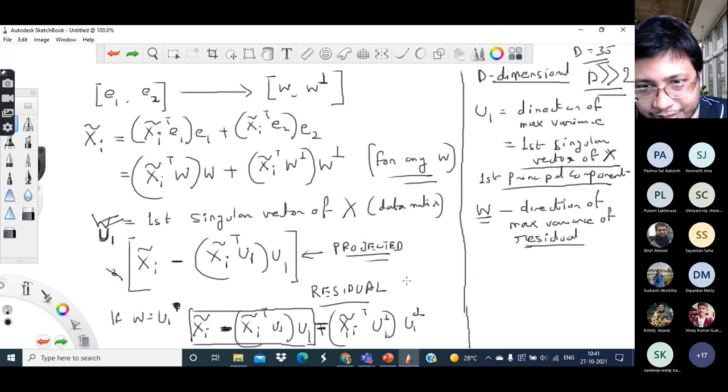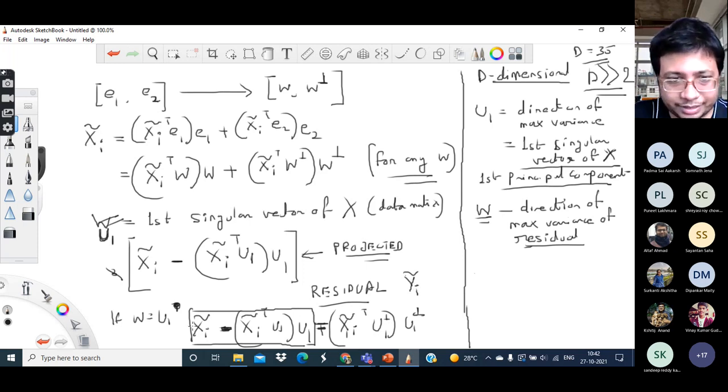The residual data which I have defined in this way, let me just denote by yi tilde, for ease of notation. yi tilde is this quantity.